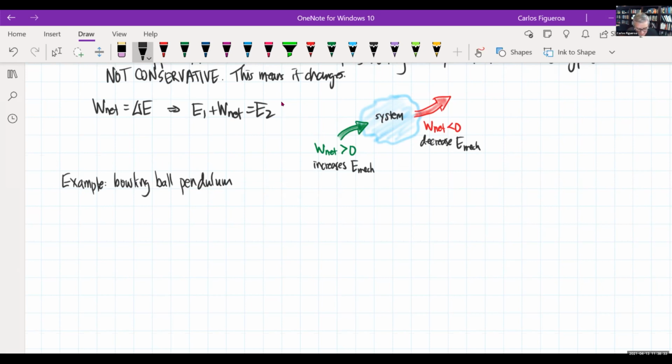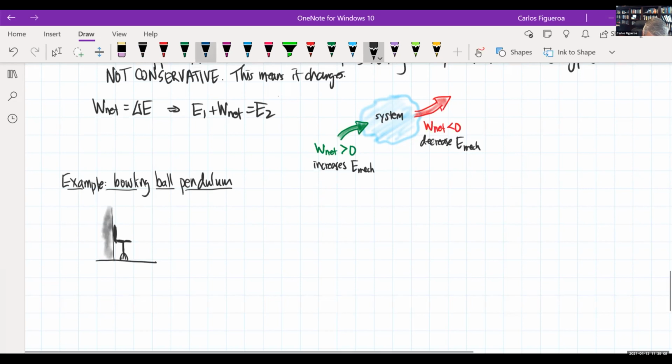This is a class demonstration that everybody in physics does. Typically, at least in my classroom, I have a chair, and I would put this up against a wall. So this would be a wall right here.